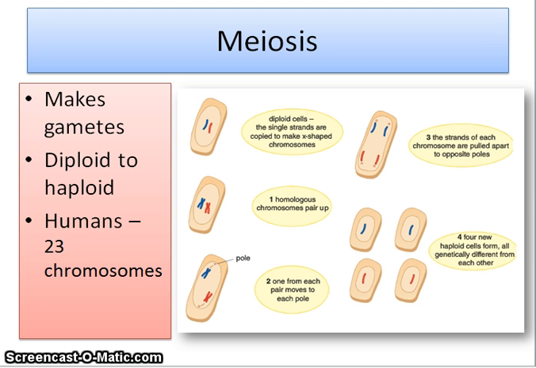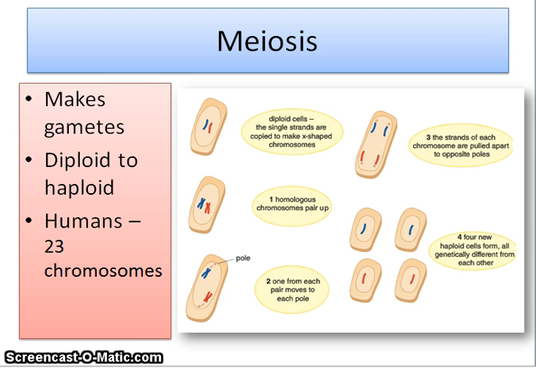In the first division, the chromosomes pair up in their matched pairs. They line up along the centre of the cell. The members of each pair split up and go to opposite poles or ends of the cell. Now these 2 new cells each divide again, and this time the double chromosome splits and goes to opposite poles. 4 cells, each genetically different from each other and from the parent, and more importantly with only half the number of chromosomes of the parent cell.